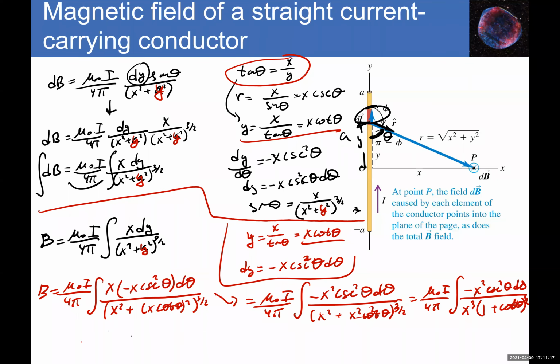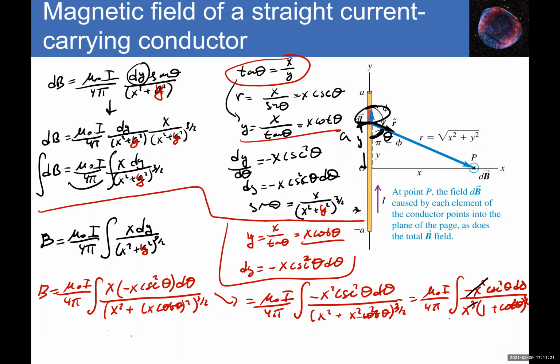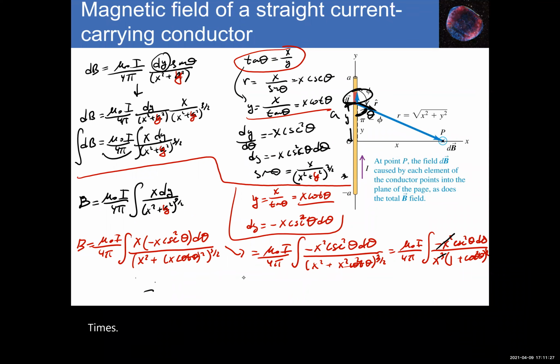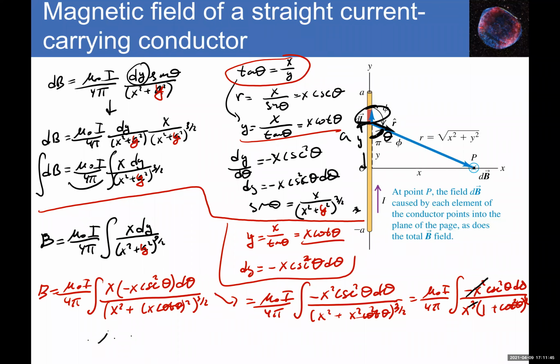So from here, I can cancel x squared here and cube over there. Then this becomes mu naught I over 4 pi, an integral. So negative cosecant squared theta d theta over x.